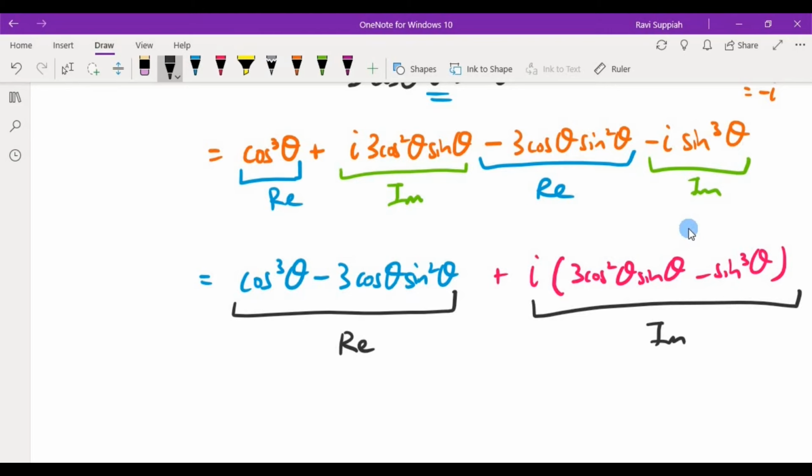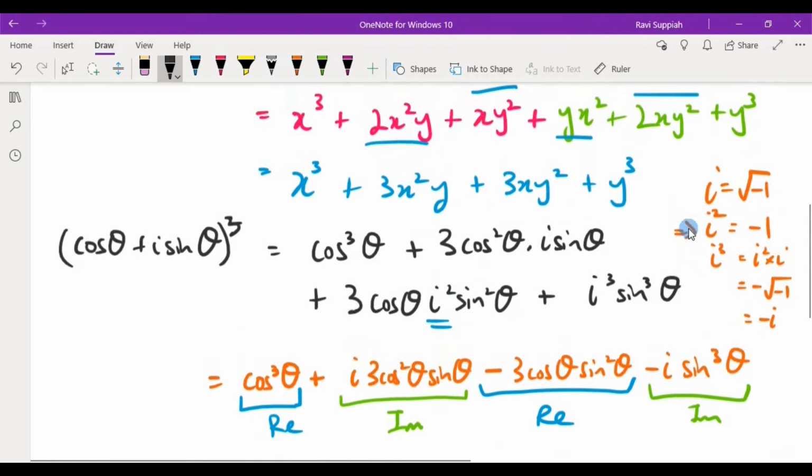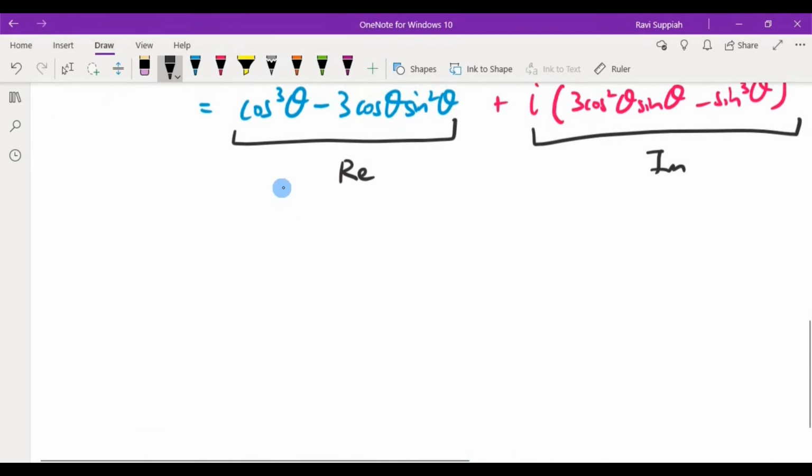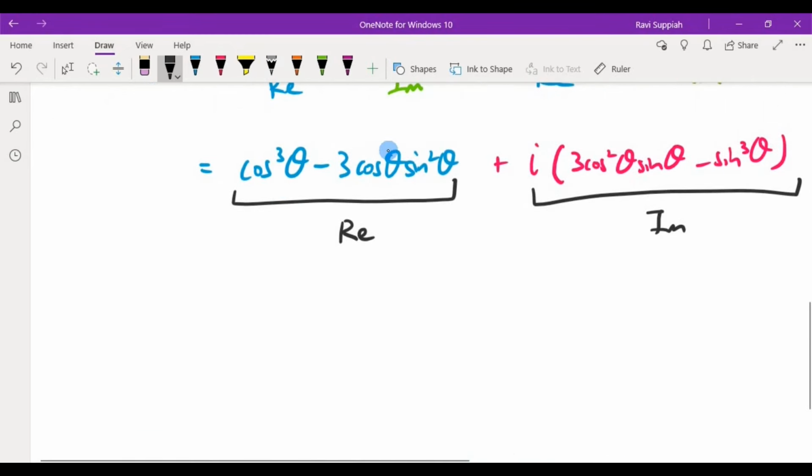Okay, now let's go back here and look at the question. The question asks us to prove that cos 3 theta is equal to 4 cos cube theta minus 3 cos theta. And as we can see, the right hand side, 4 cos cube theta minus 3 cos theta, is actually all real terms. So all I need to do is compare the real and real together.